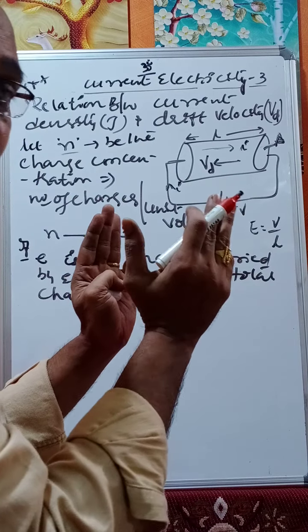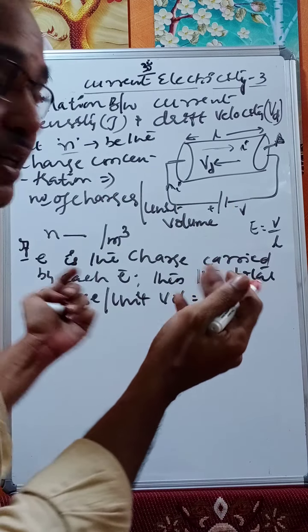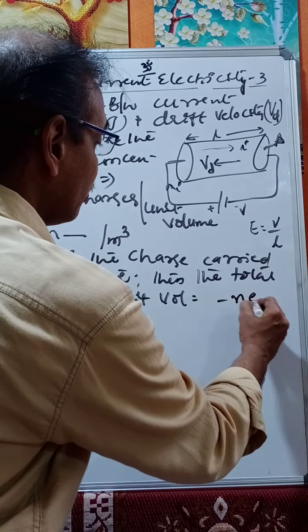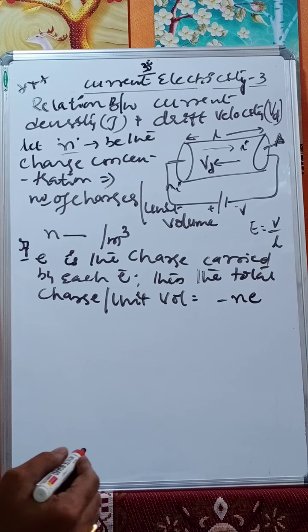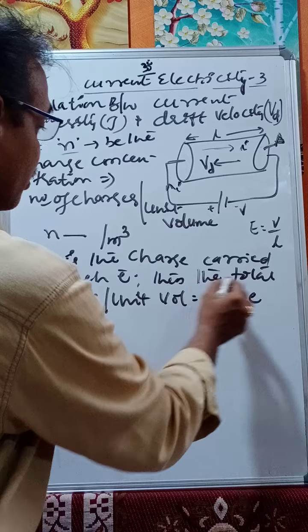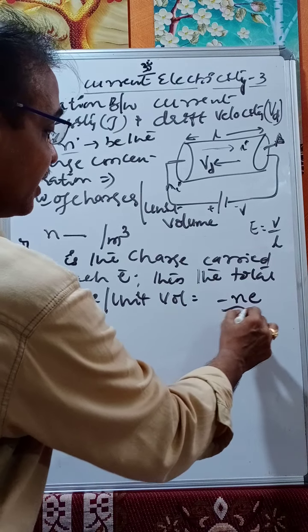Then the total charge per unit volume is minus N into e.